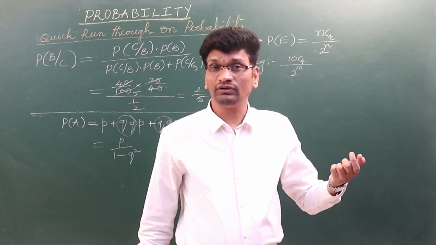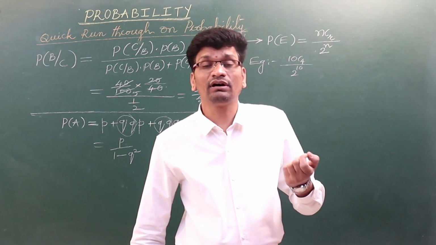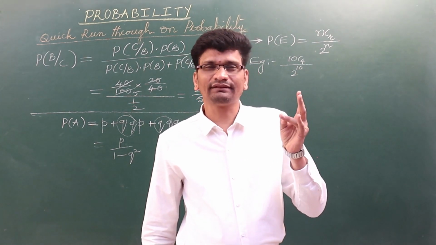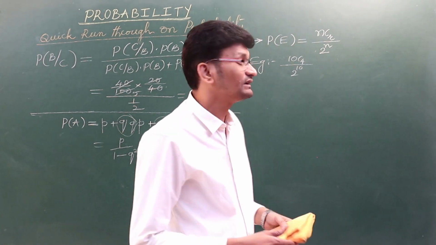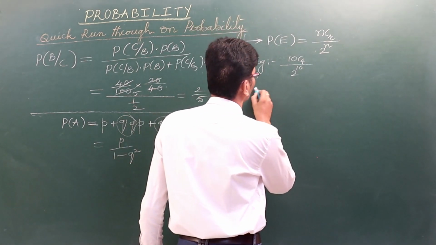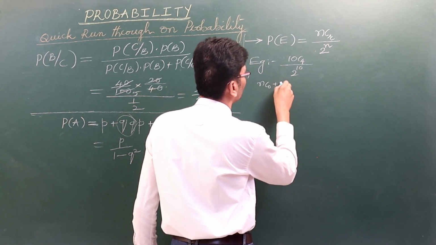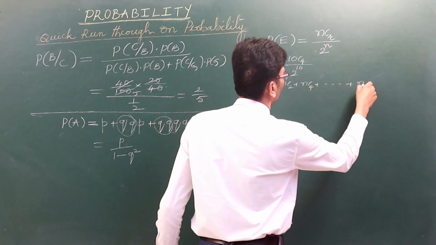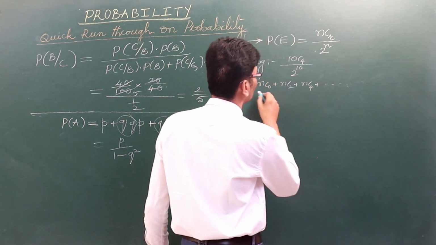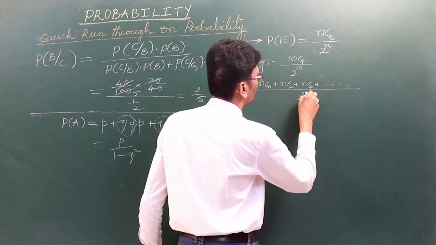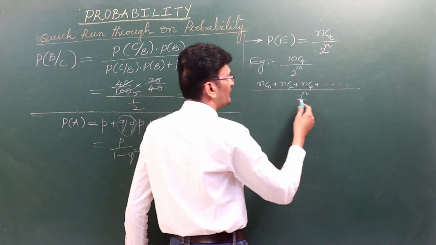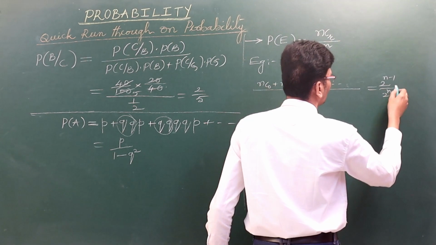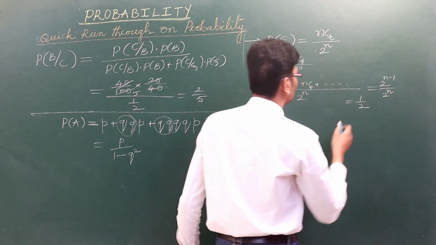Right? Now, a coin is tossed n times. Then what is the probability of getting an even number of heads? It means either 0 heads or 2 heads or 4 heads or 6 heads. It means in such a case we get nC0 plus nC2 plus nC4 and so on. The total chances are 2 power n. But the sum of the even binomial coefficients formula, all of you know, is 2 power n minus 1, by 2 power n. At last you will get 1 by 2.